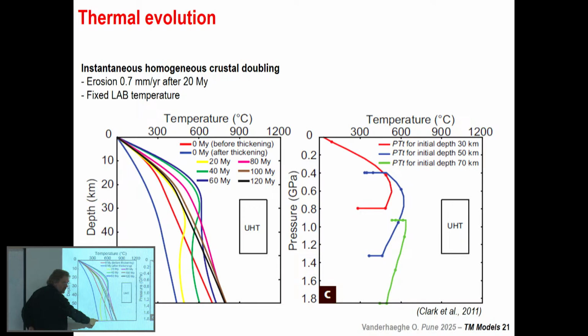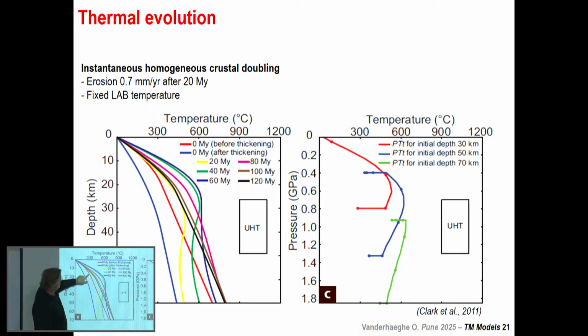Instantaneous thickening leads to a decrease in the geothermal gradient. And then, as radiogenic decay proceeds and as conduction proceeds, you have the yellow one, then the green one, 40 million years after. And in these models, there is also some thinning by erosion. So that explains why first the temperature increases and then it decreases. And it comes back to an equilibrium state by 100 million years, here the brown curve.